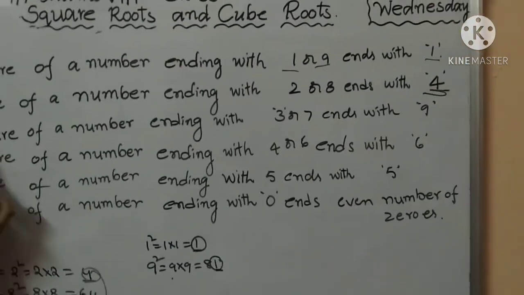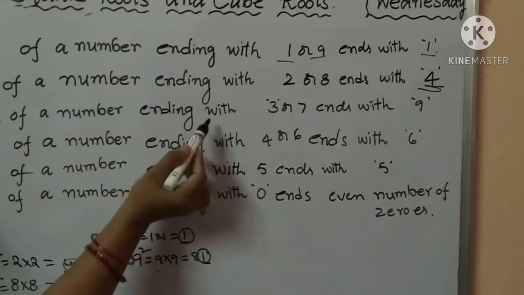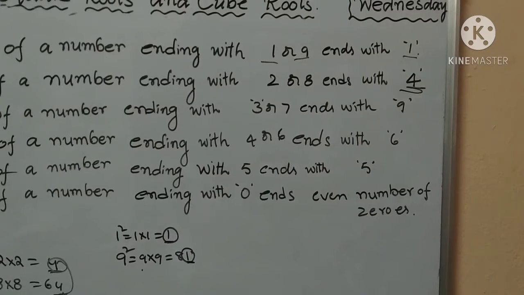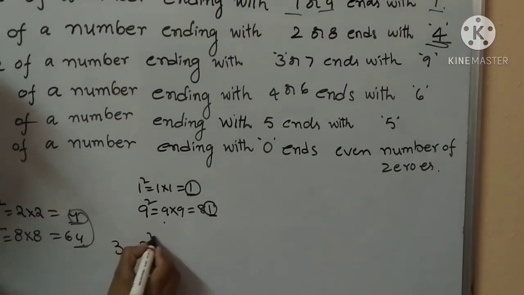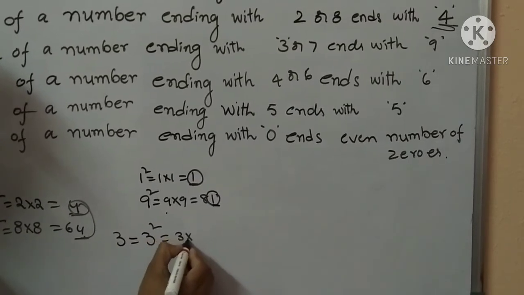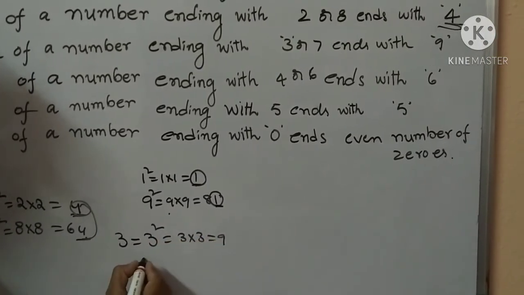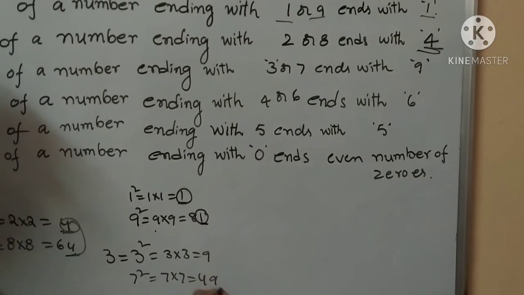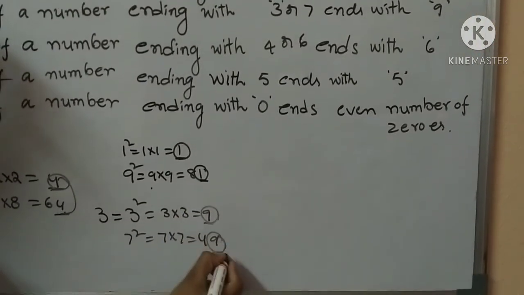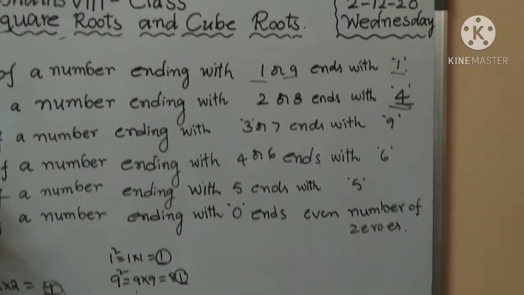And next, a square of a number ending with 3 or 7. 3 square is 3 3s are 9. 7 square equals 7 7s are 49. So the ones place ending number is 9. Yes or no? Yes.